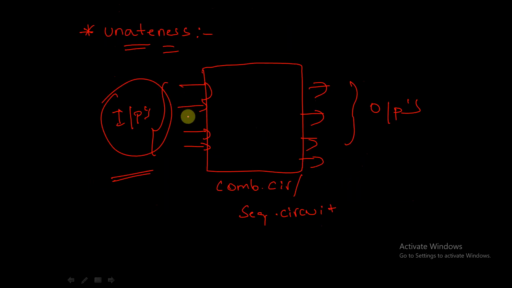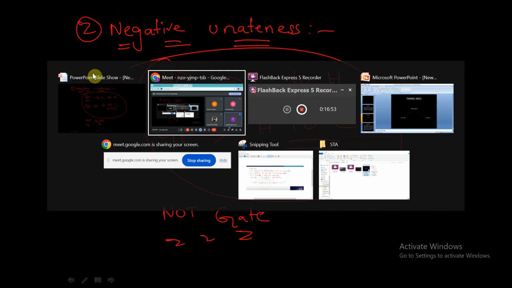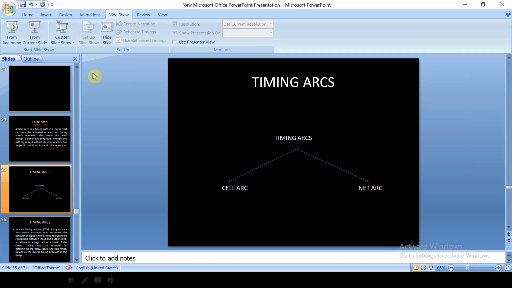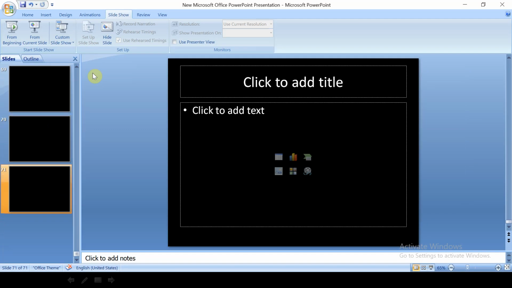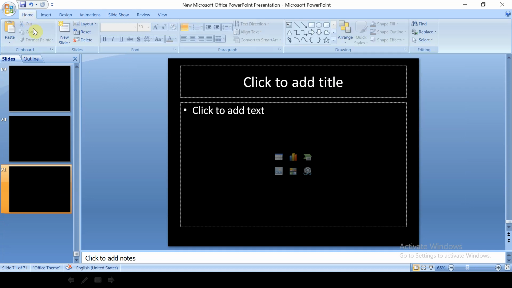Yes. And there is one more type of unateness which is called non-unate. Wait a minute, let me add some more slides. So we have one more type of unateness which is called non-unate. Can you guess the definition for this?